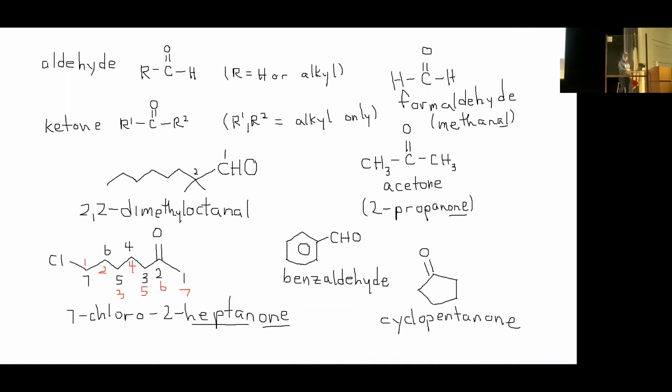You'll get to practice more of that, as I said, when you work on the OWL assignment, but it's why I always say, after we've learned to name alkanes at the very beginning, honestly, if you know how to name alkanes, you know at least 85 or 90% of what you need to know to name anything. And all we're really adding here is these endings -al and -one for aldehydes and ketones. Good. Any other questions on that?